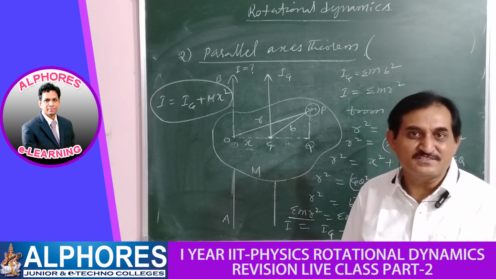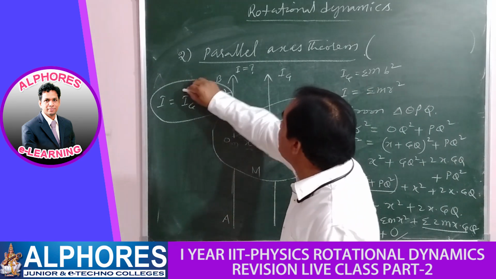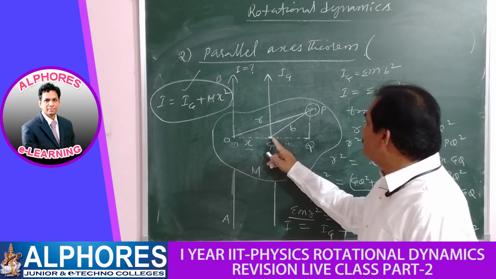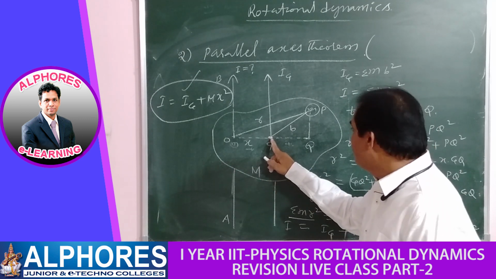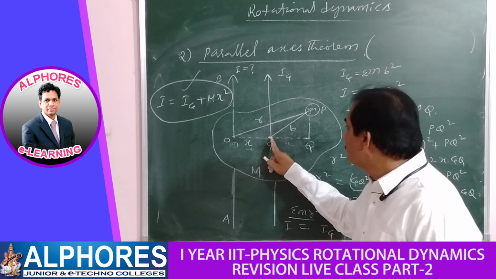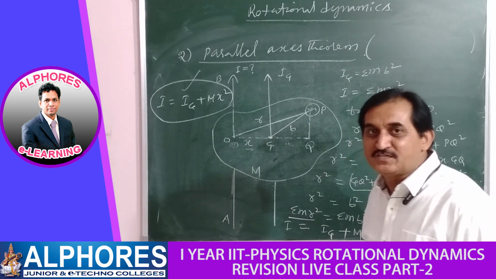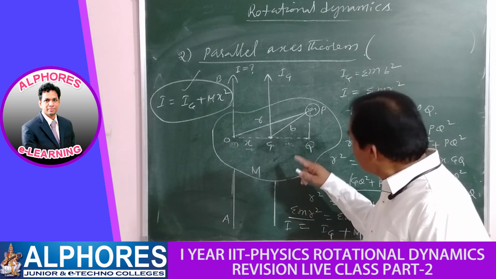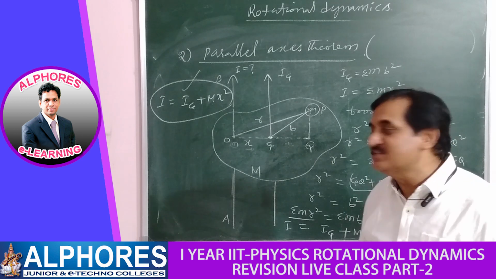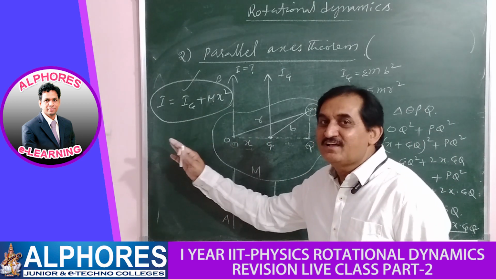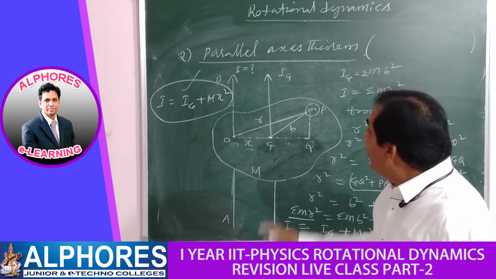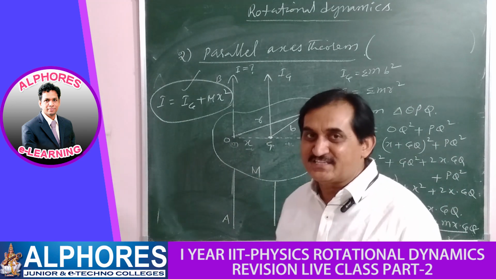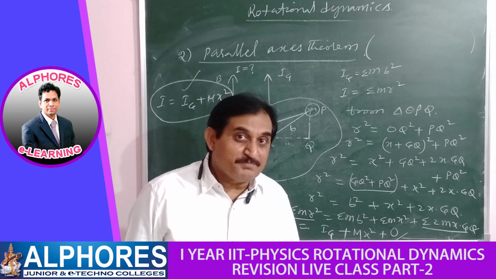This is the parallel axis theorem. Once you know the moment of inertia of this rigid body about the center of gravity axis, you can find the moment of inertia of the same body about any axis, which should be parallel, from anywhere.